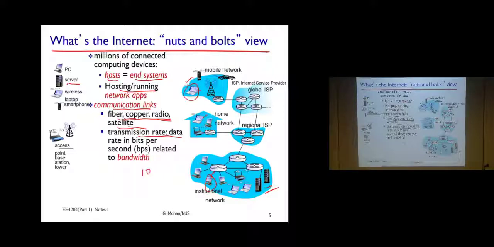For example, when we say 100 Mbps, let's say my computer has a 100 Mbps network interface, that means it's able to transmit and receive 100 million bits in 1 second. Is that fine?